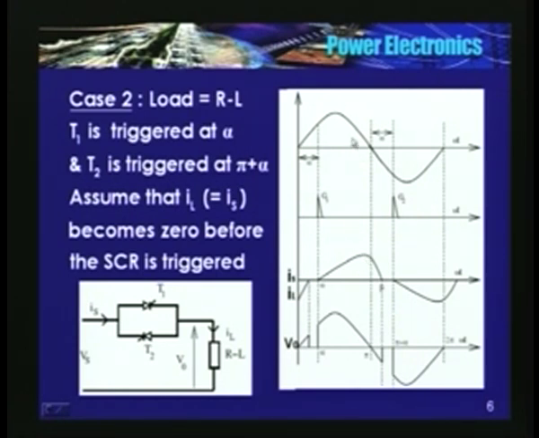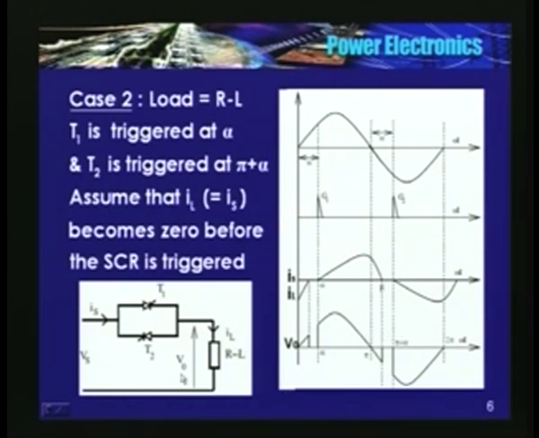So at that time Vi should be equal to I max into R. Somewhere here it attains a max. It reduces and it becomes 0 somewhere after pi. Until the current is flowing in the circuit, input voltage is equal to the output voltage. So at beta, current becomes 0.